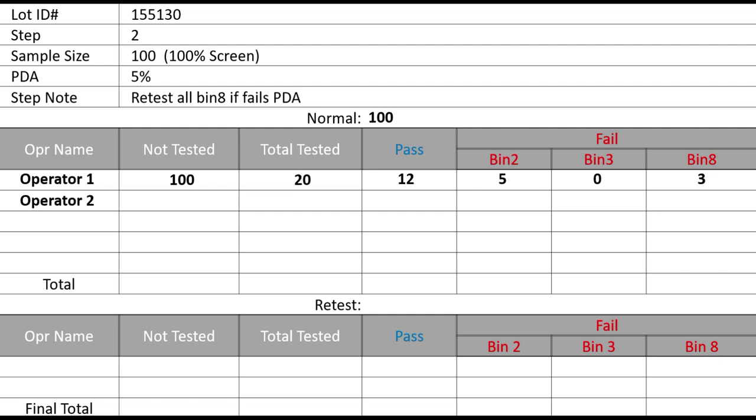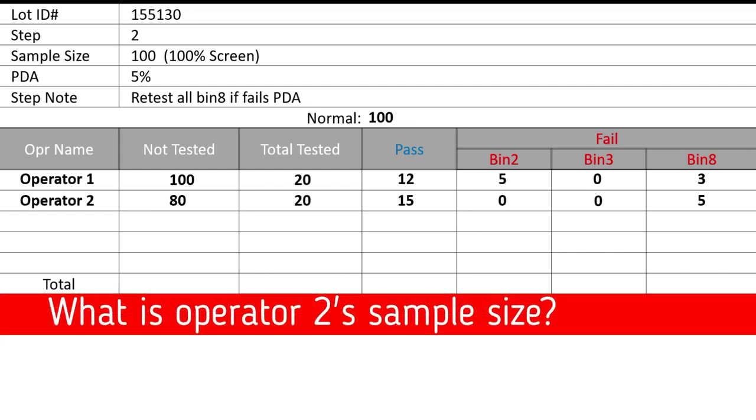Operator 2 comes in and they have 80 not tested devices. They test 20 devices with 15 passes, 0 bin 2s, 0 bin 3s, and 5 bin 8 devices. So the question I have is, what is operator 2's sample size?